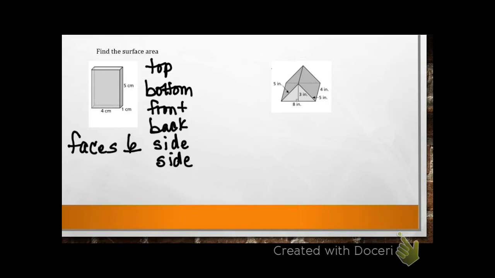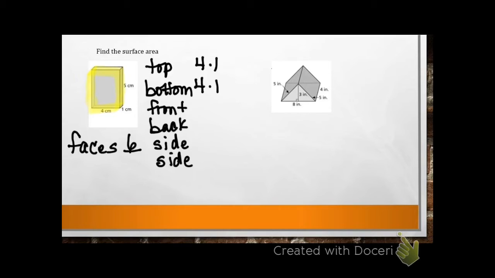Since I'm dealing with rectangles, I'm going to be using the formula length times width. I'm going to go across the bottom. It's 4 by 1, so 4 times 1. That means my top and my bottom are the same. Then if I look at the front of the box, I know it's 4 across and it is 5 high.